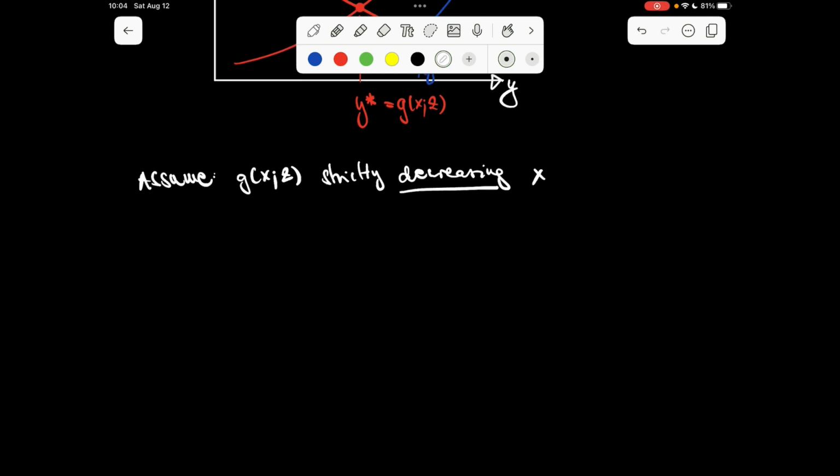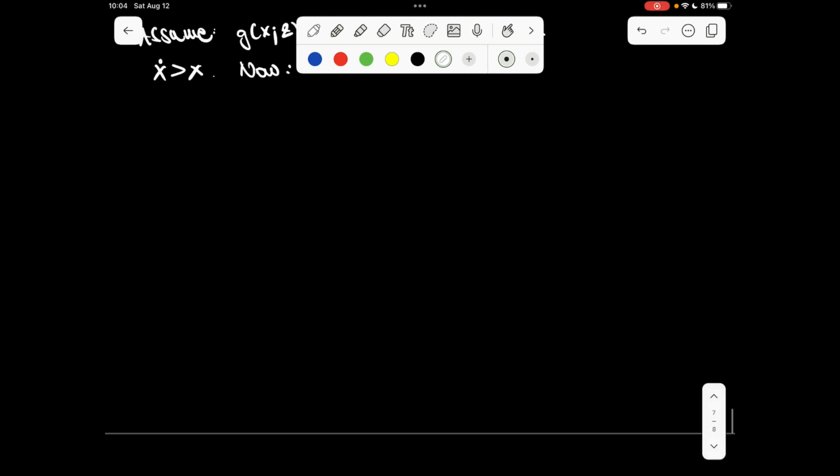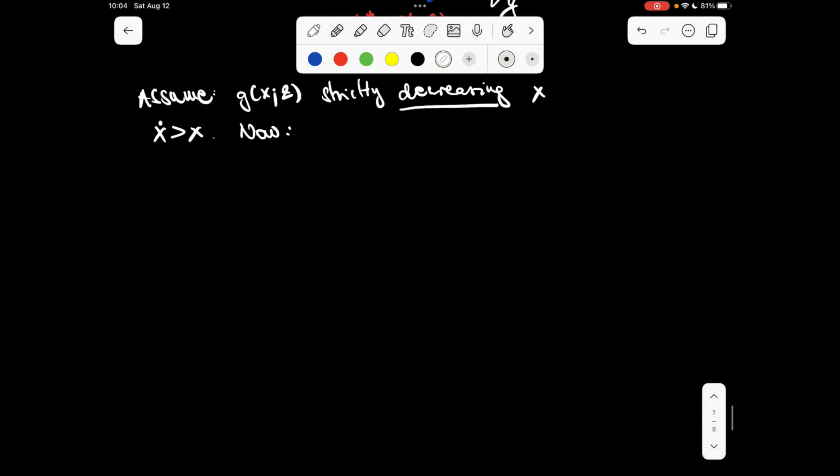Let's try to find a contradiction. So let's assume that x dot is higher than x. In this case, then we have the following relation.